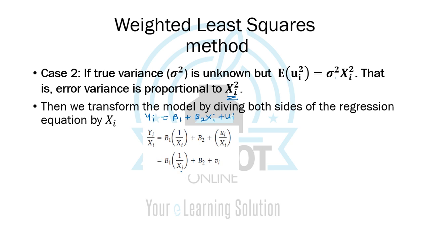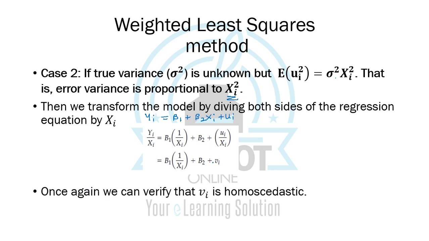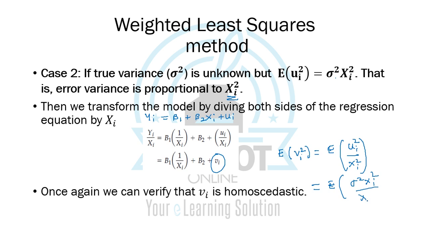Once again we can verify that the variance of this error term vi is constant, or homoscedastic. Let me quickly do that and then we can close the session. So this becomes ui square over xi square. I think I missed a step there.